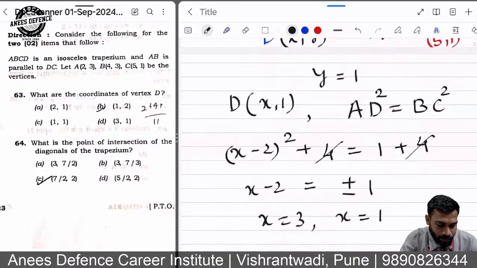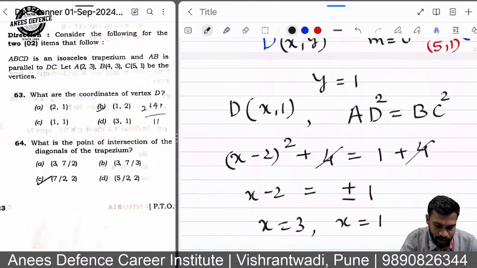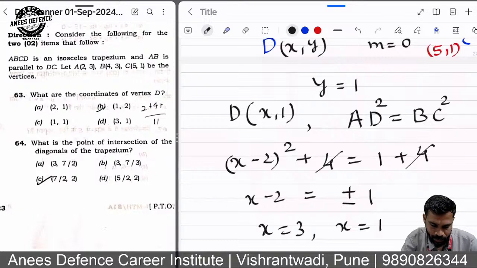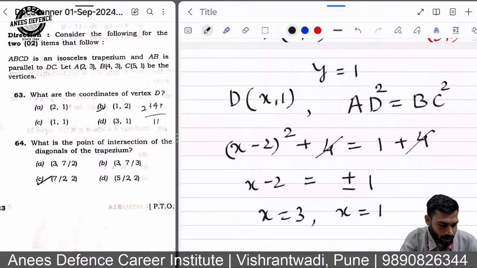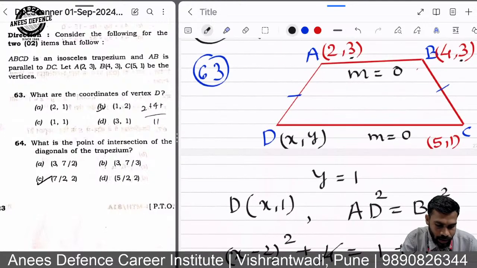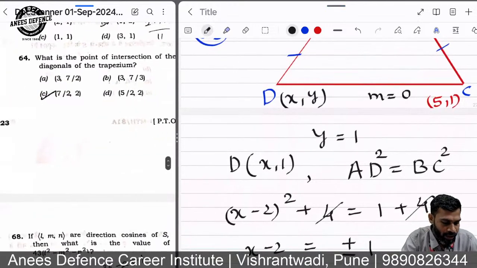So x is equal to 3 and x is equal to 1. Now we need to check, right? So we are getting both the options for D, right? Either (1, 1) or (3, 1). Okay, let us move to the next question.